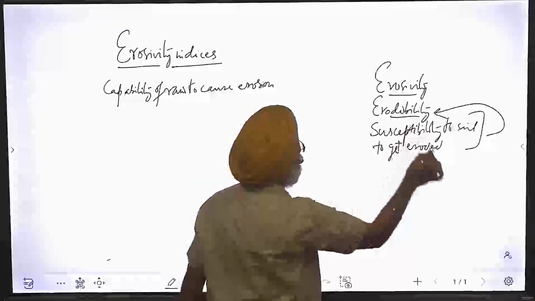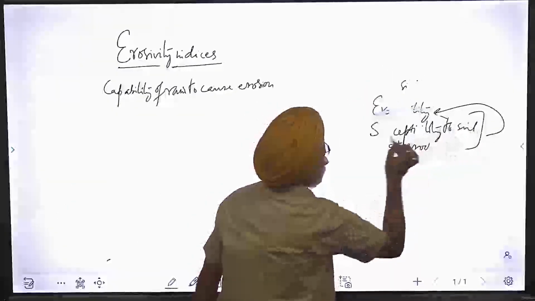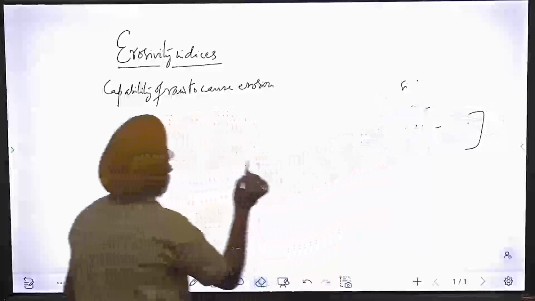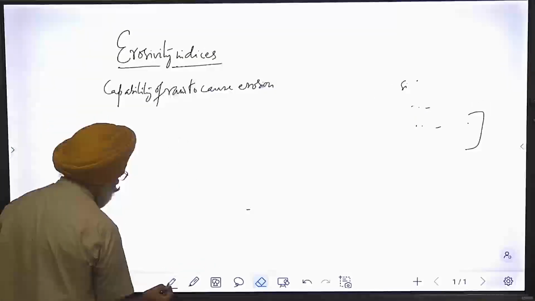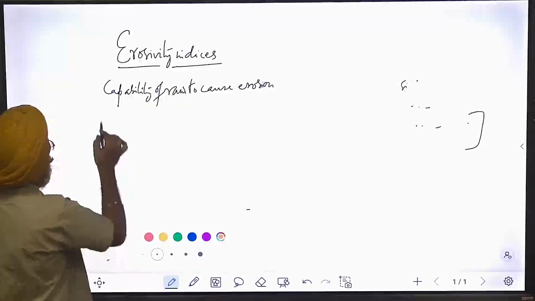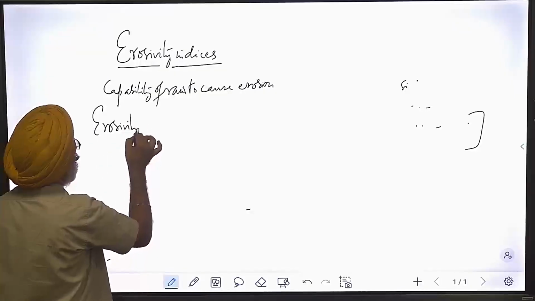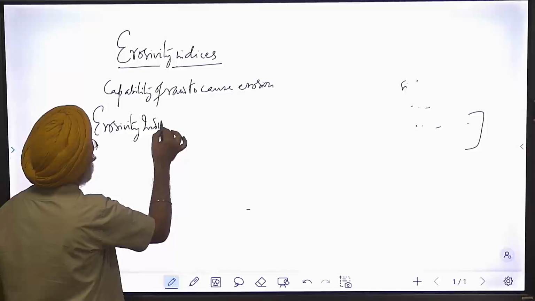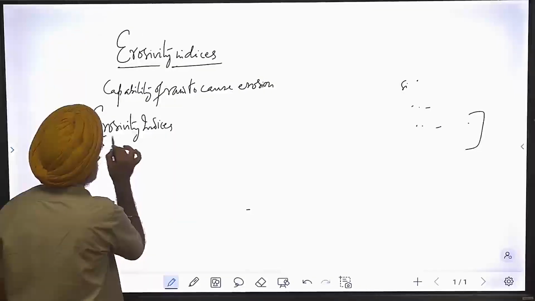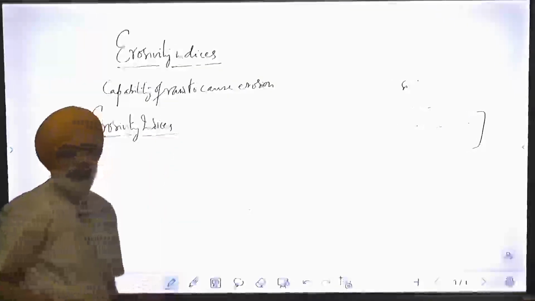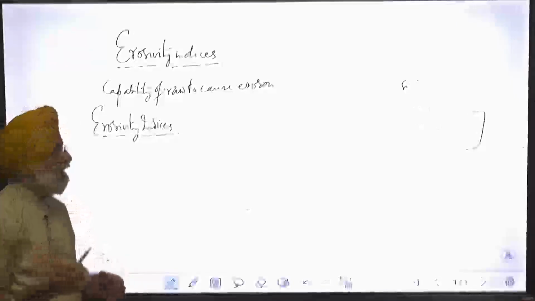So in that case, we have certain erosivity indices. Different countries or different places have designed these erosivity indices.